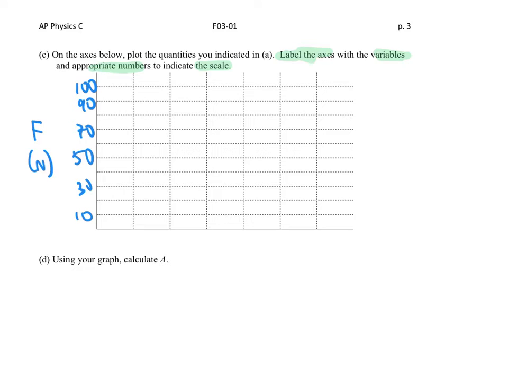And then we have 1, 2, 3, 4, 5, 6, maybe 7, and we have to go out to 0.62. Here I'm going to call this 0.07, 0.06, 0.04, 0.02, 0, and this is x squared in units of meters squared. And then we just need to make the plot.